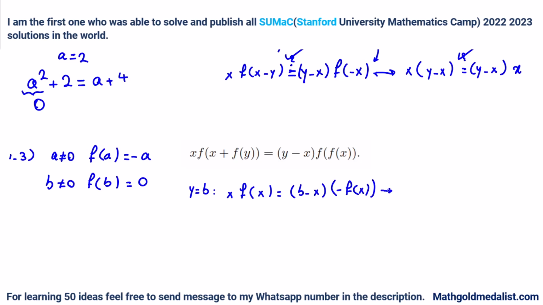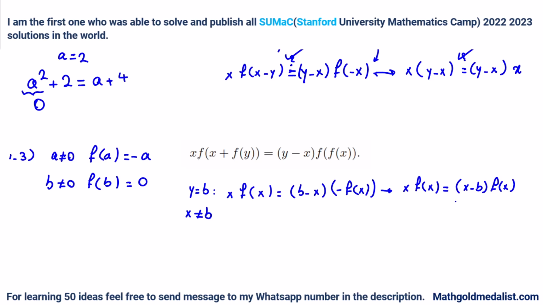Okay, so x times f of x is equal to, do you agree we can say x is not b, okay? b minus x times, or x minus b times f of x, right? Then can we cancel out saying f of x is not equal to 0?